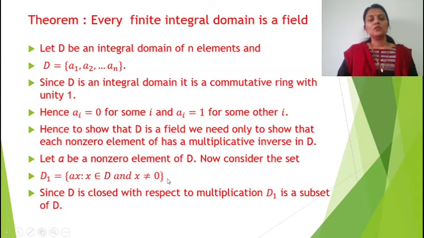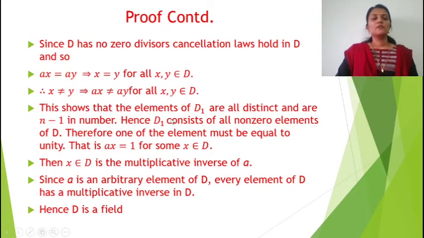We have to take a new set D1 such that the product AX, where X is an element of D and X is also non-zero. Since D is closed with respect to multiplication, D1 is a subset of D. Now, since D has no zero divisors, the cancellation laws hold in D. We have learned in the last class that the cancellation laws hold in an integral domain.